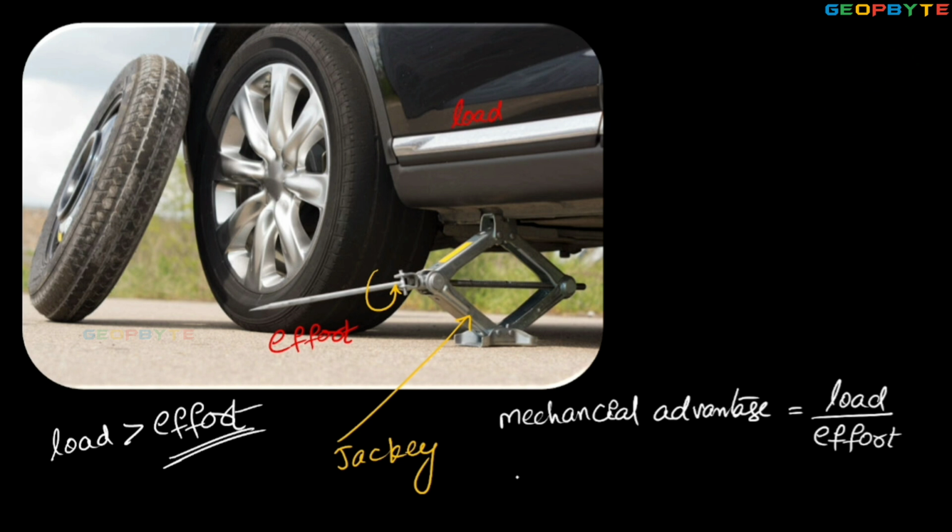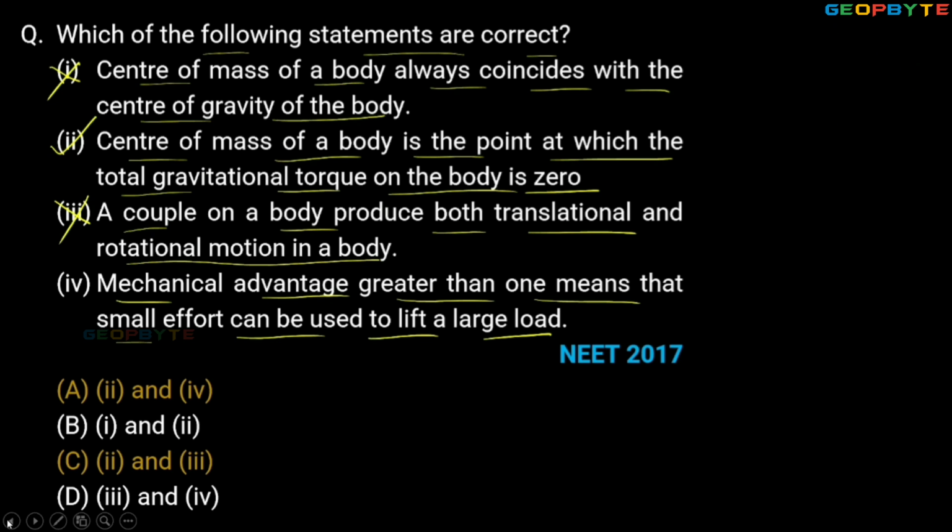Therefore, mechanical advantage, written as MA, is always more than 1. That is what is written as the fourth statement. It is absolutely correct. So the second statement and fourth statement are correct. Option A itself is absolutely correct.